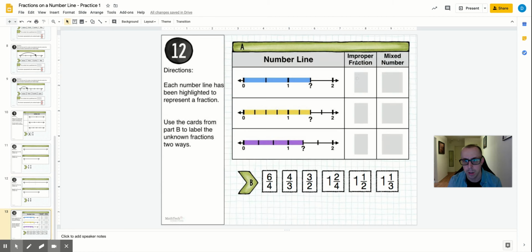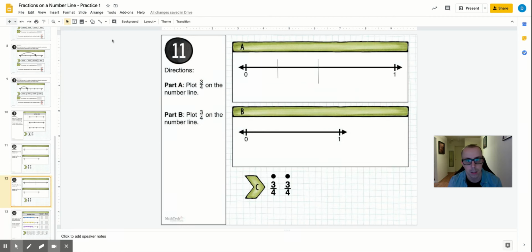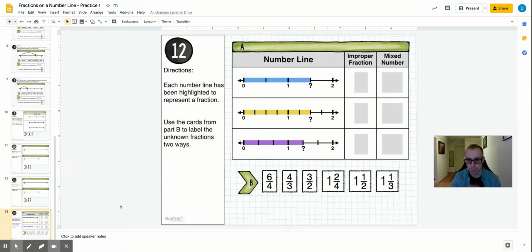You've got to click line again, and do your best to make it as equal as possible. Okay, and then you're plotting 3/4. So do the same thing with this line, okay? We'll do both, but I wanted to show you one. And I think last slide.